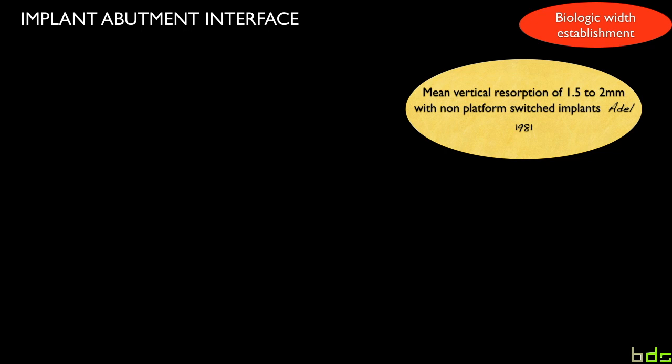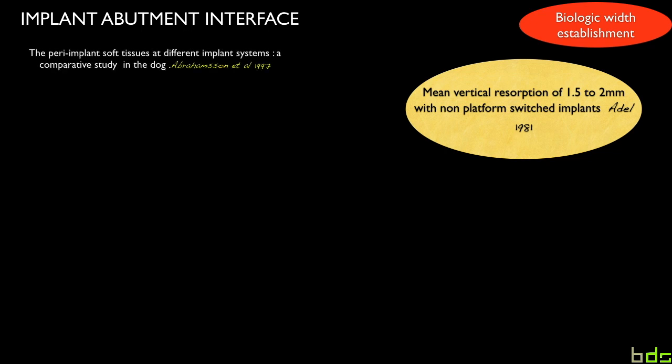And this is all observed with non-platform switch implants. Back in the days, these implants were machine surfaced, they were not rough surfaced. So an exposed implant surface back then did not cause any problem.